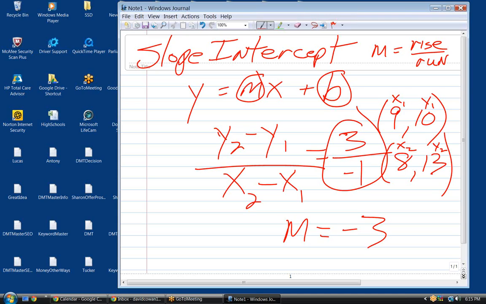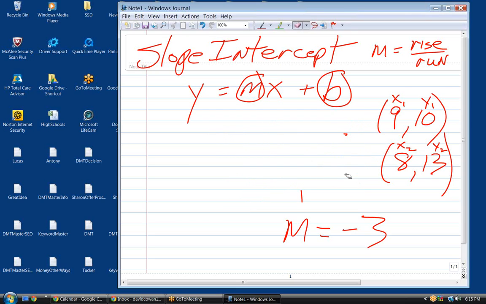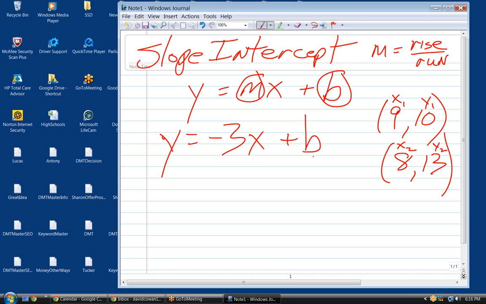Now the key is how do we solve for b? Well, it's actually pretty easy. Once you know the slope, I can begin to write part of the equation. Well, I know that y equals -3 times x plus b. Now, I can pick either of these points, plug them in for x and y, and solve for b.